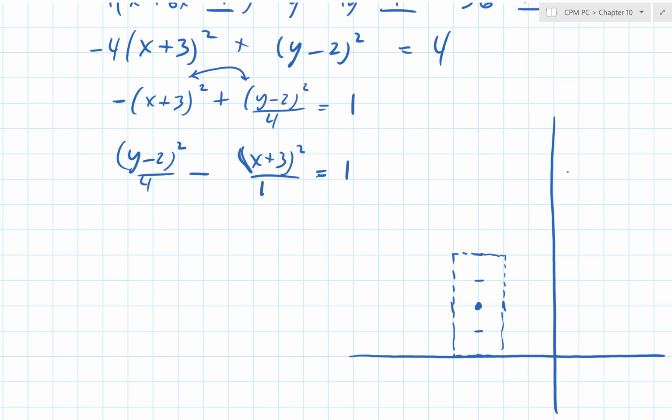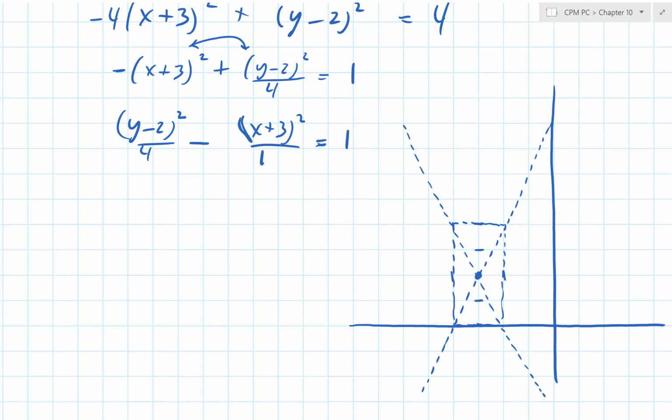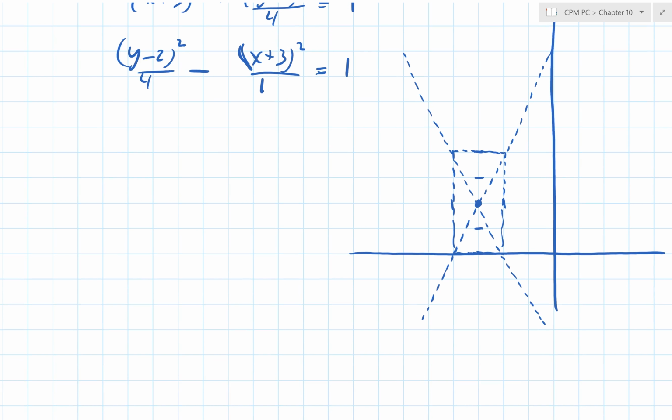And now we can draw our asymptotes through the corners. And since the y squared is the positive term, it's going to go in the y direction again.